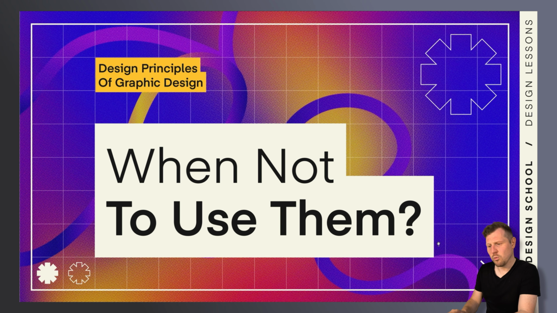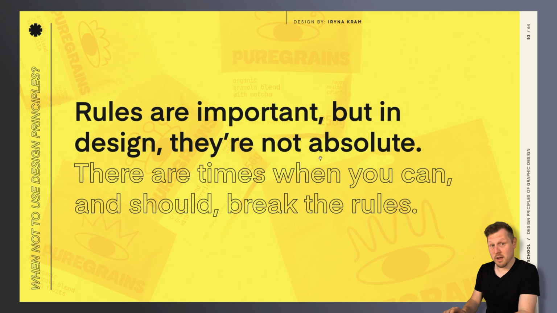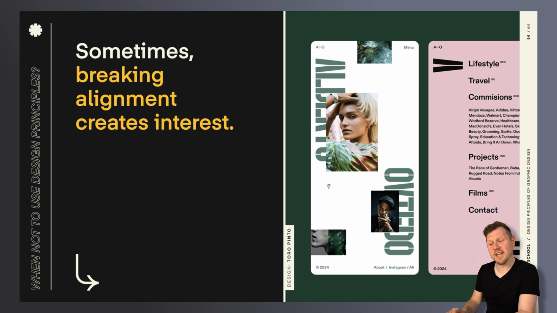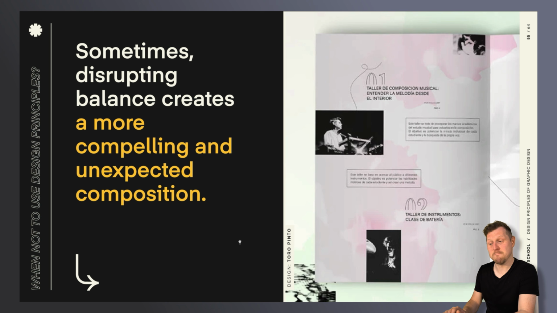So then, when should we not use them? Now, here's the thing. Rules are important, but in design, they are not absolute. There are times when you can and should break the rules. Sometimes breaking alignment creates interest. Sometimes disrupting balance creates a more compelling and unexpected composition.